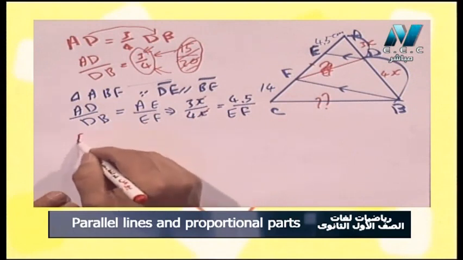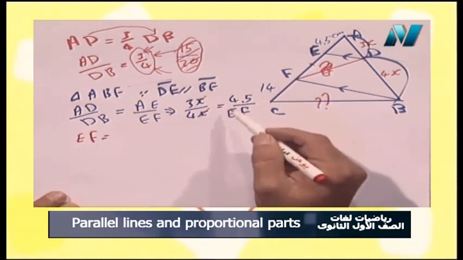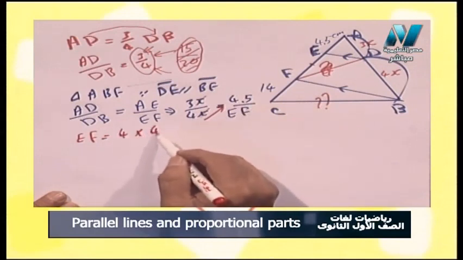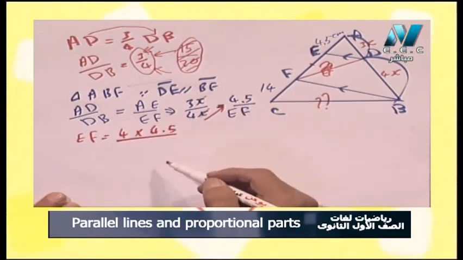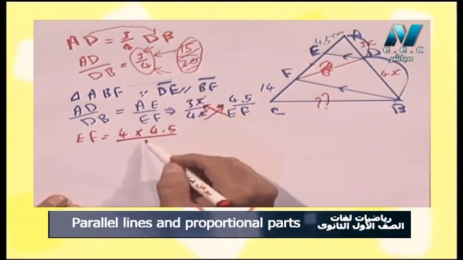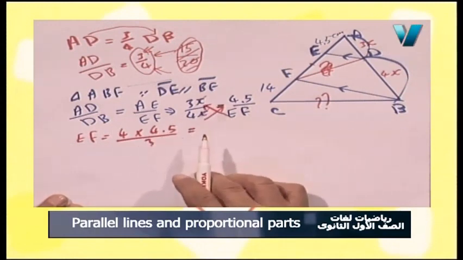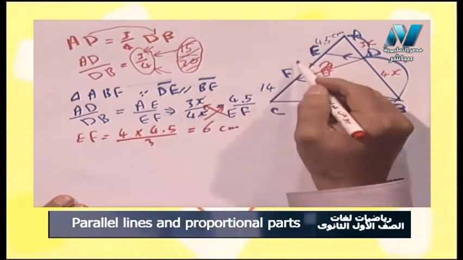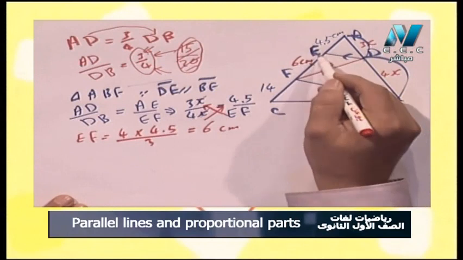So EF will be equal to 4 multiplied by 4.5 over 3. So EF equals 6 centimeters. We can put 6 centimeters here for EF.